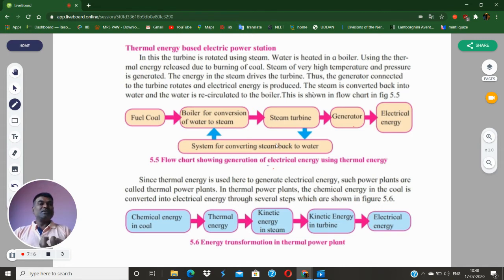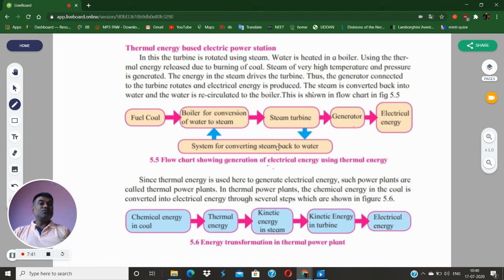After the burning, we have released the heat, and with that released heat we have boiled the water. After boiling, we have converted the water into steam, and such steam is at very high temperature and pressure.